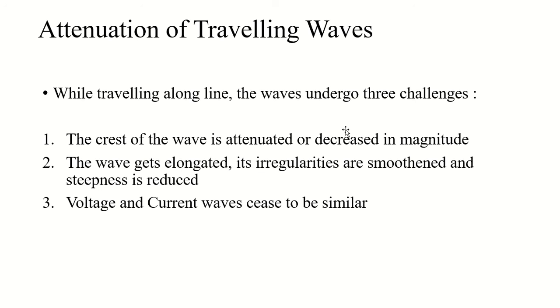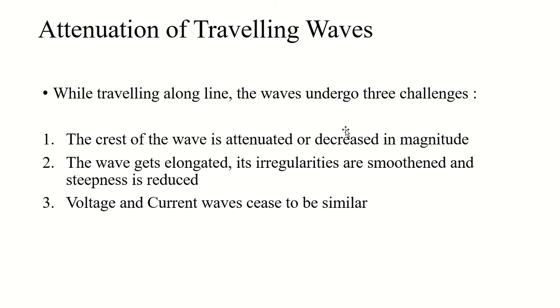While traveling along the line, the wave has to face three challenges. The first one: the crest of the wave is attenuated, which means its magnitude gets decreased compared to its original value. Second, the wave gets elongated, its irregularities are smoothened and steepness is reduced.